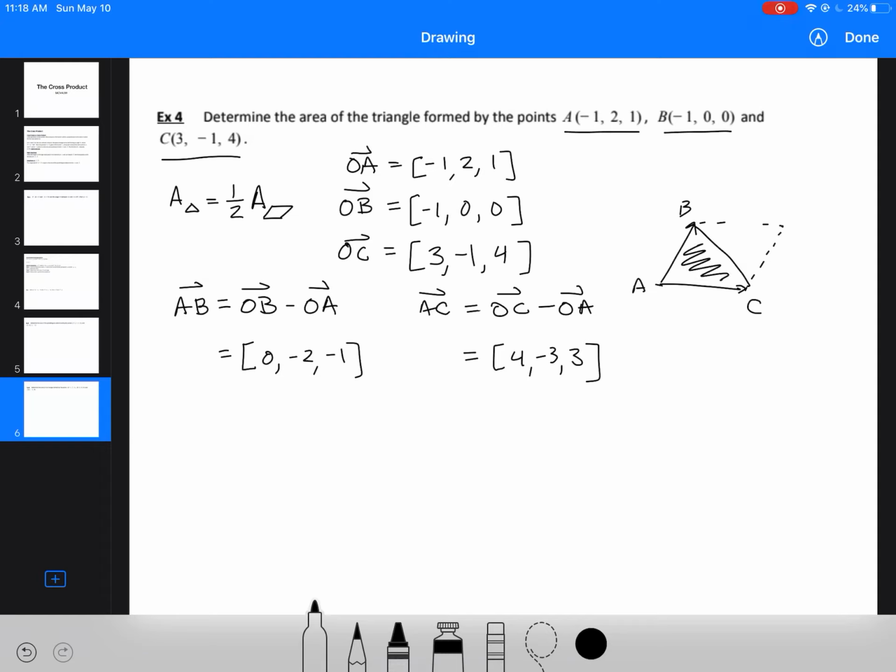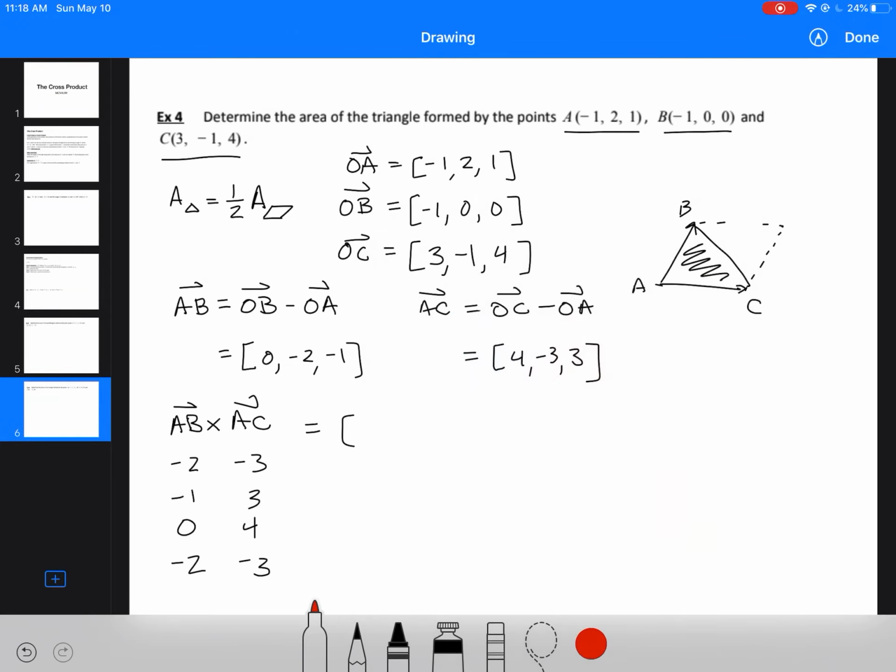So then what I need to do is AB cross AC, and then eventually I'm going to divide it by 2. So if I'm going to cross them, I'm going to write out my coordinates, starting with the second one. So -2, -1, 0, -2. Same thing for AC, 3, -3.